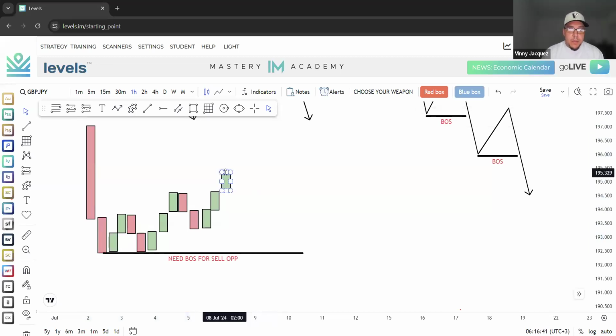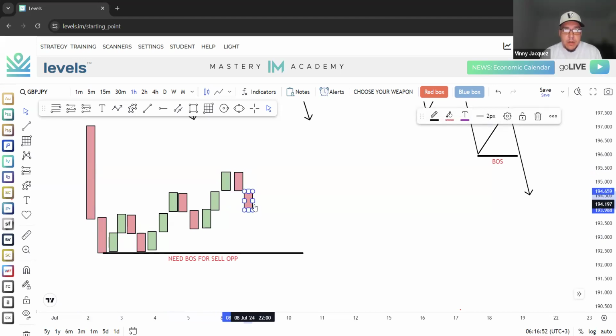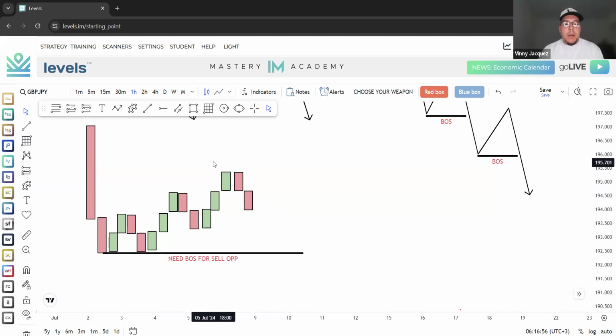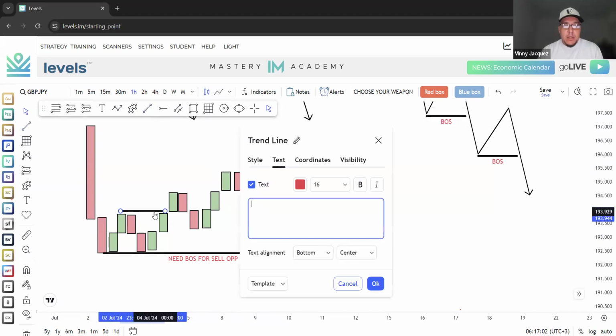So let's go ahead. Let's say the market hits a certain area, and then what happens? We start to drop. Now, guys, at this point, we should have the market structure marked up, right? So at this point, we do have a break of structure to the upside.